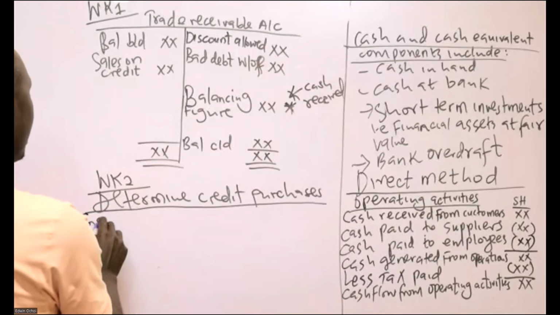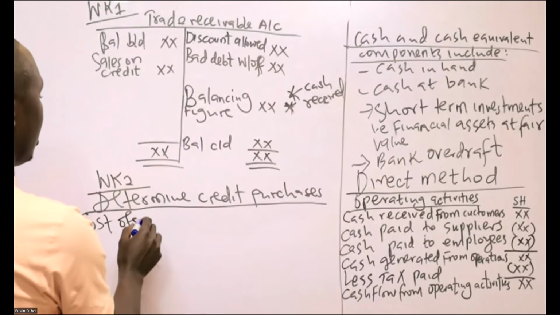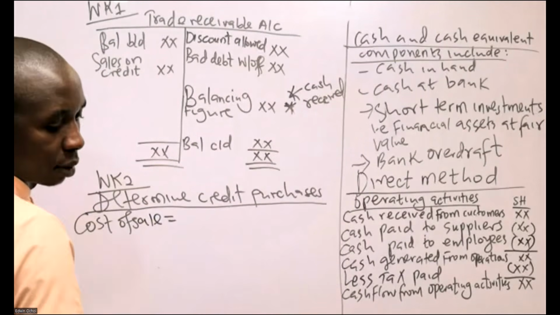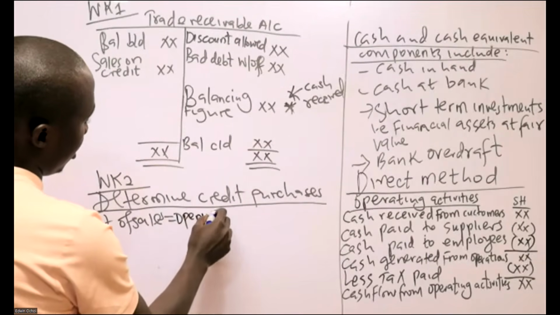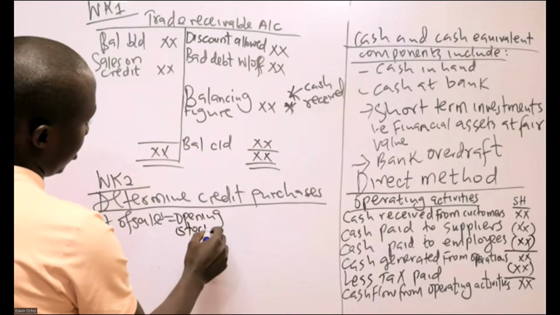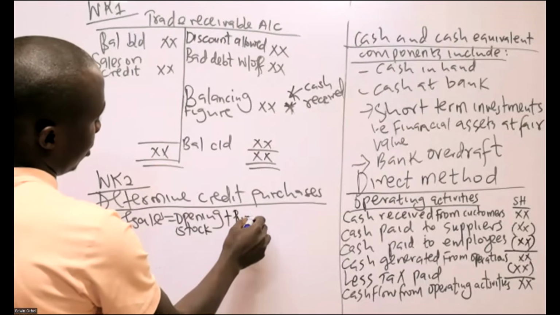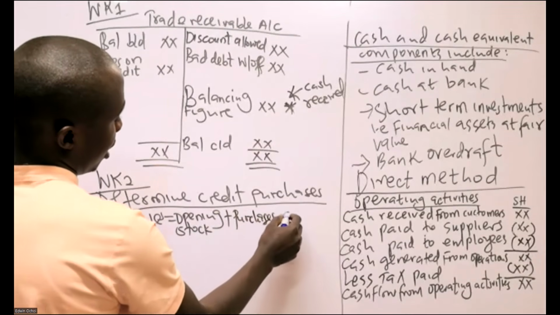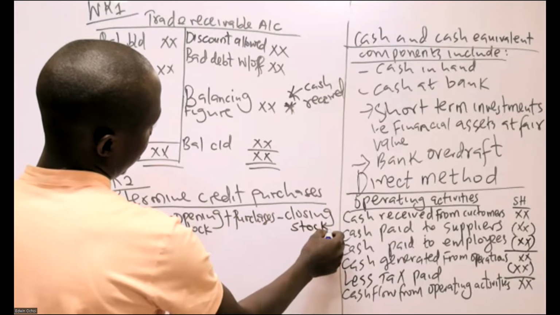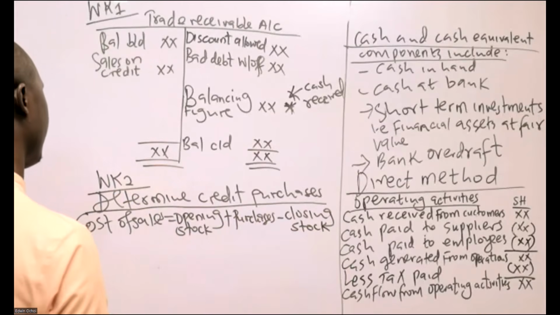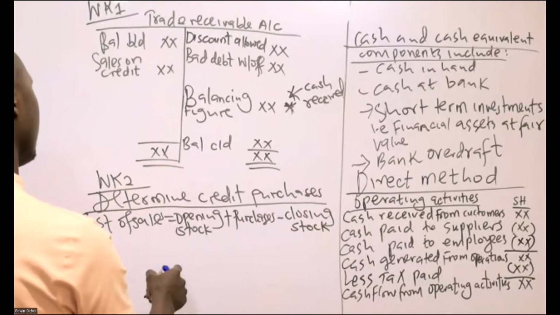I will say cost of sales is equal to what? Opening stock plus purchases minus closing stock.